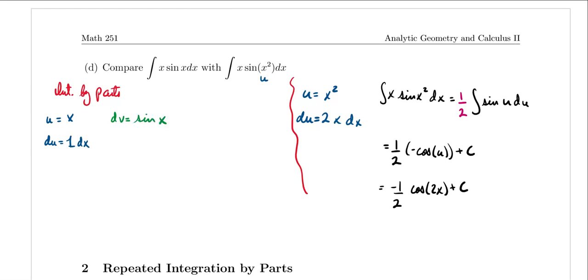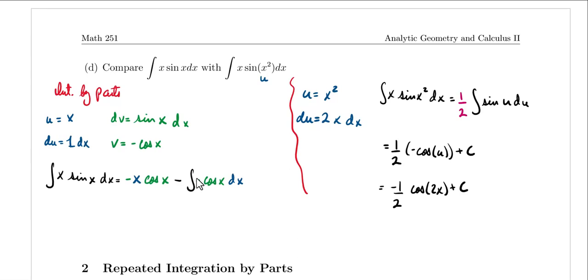Alright, so if the dv is the sine of x dx, then the v is going to be equal to the integral of the sine, which is a negative cosine of x. Alright, so now that we defined our u and the v, the integral of x times the sine of x is going to be equal to a negative x times the cosine of x minus the integral of a negative cosine of x dx.